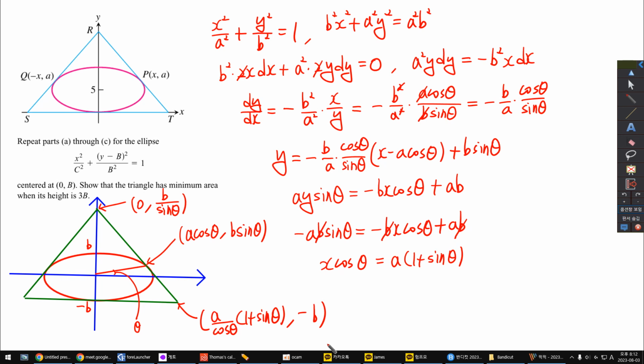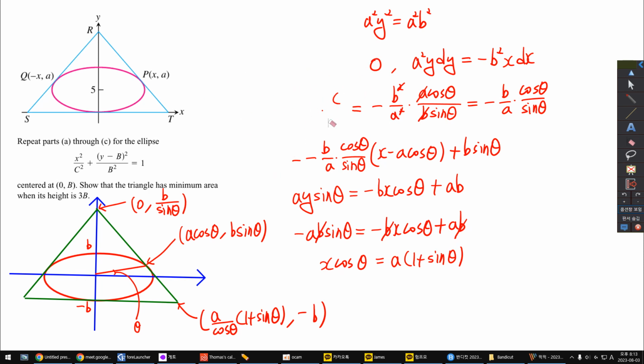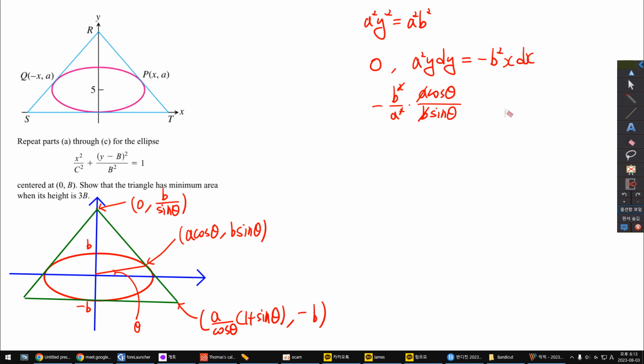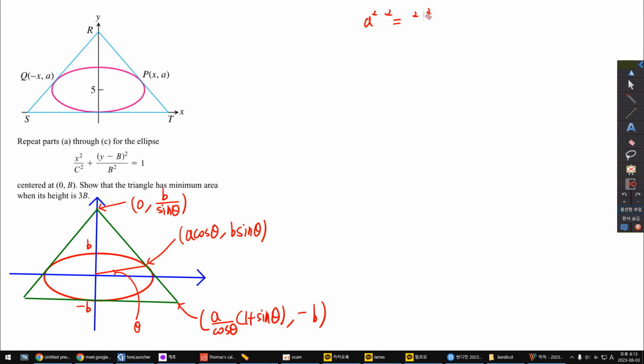And then now we can find the area of this triangle. For the area, I mean the base times the height divided by 2. So in this triangle, half of the base is the x coordinate of this point.